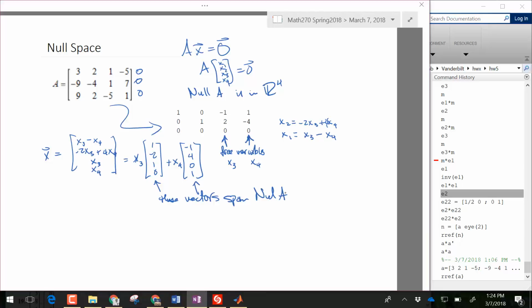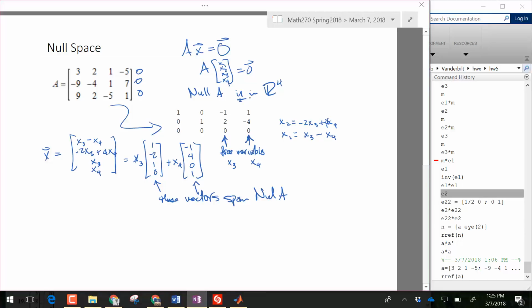These two independent vectors span a two-dimensional space, but it's not R2. They span a two-dimensional space in R4. Null A lives in R4, but it's not all of R4.